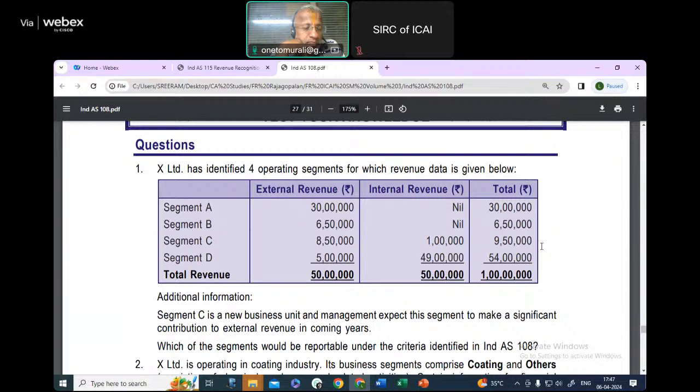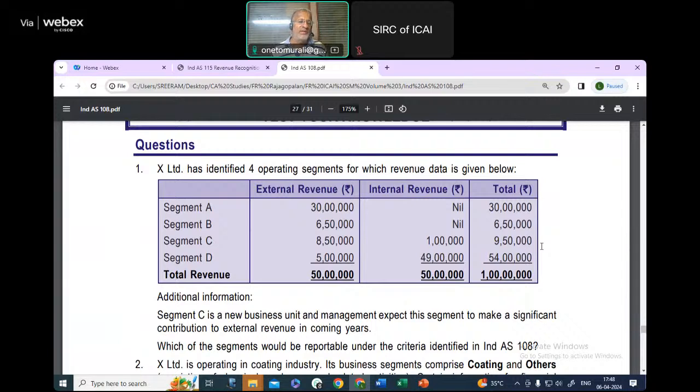Now let us just take up X Limited has identified 4 operating segments for which revenue data is given below.